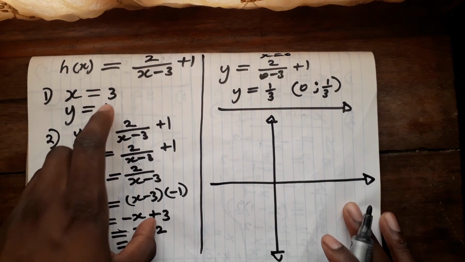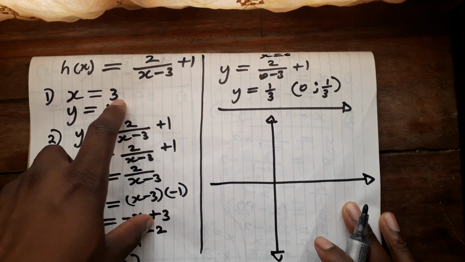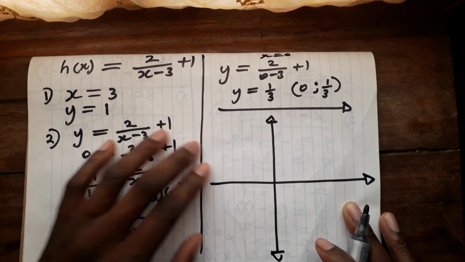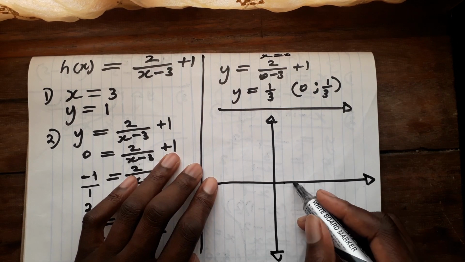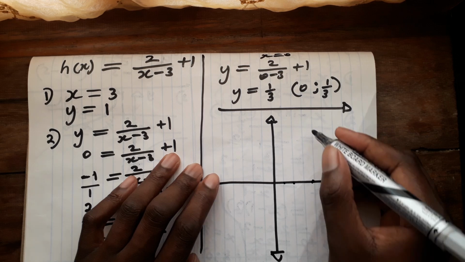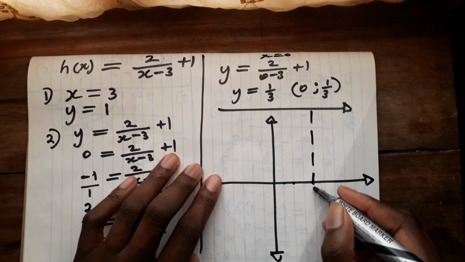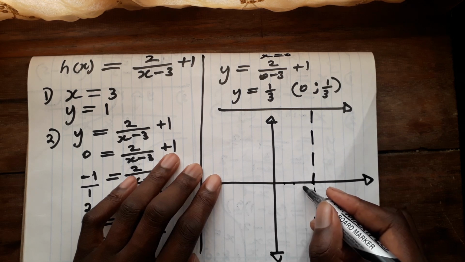Don't forget that we start with the asymptote. The vertical asymptote is at positive 3. This is 1, 2. Let me say 3 somewhere here, maybe somewhere there. And then you do this broken line. This is going to be 3.